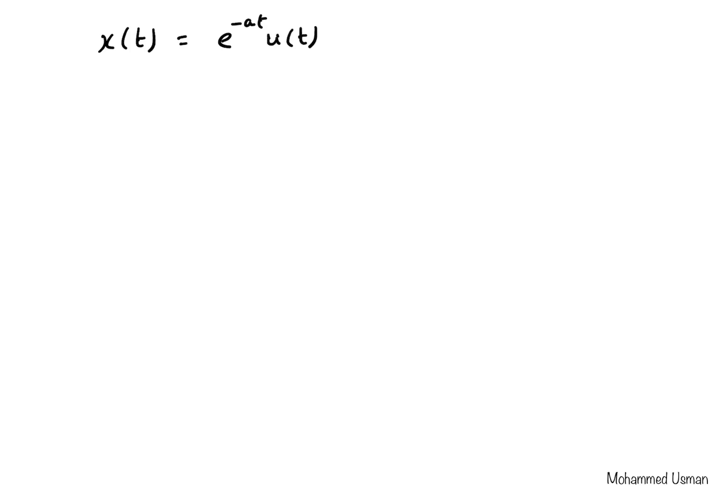Now this u of t is equal to 1 for t greater than or equal to 0. So that means when t is greater than or equal to 0, this term gets multiplied with 1, we get e power minus at, and when t is less than 0, this e power minus at gets multiplied with 0, it becomes 0, right?